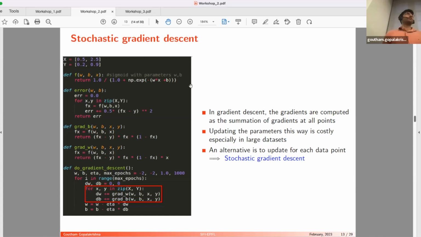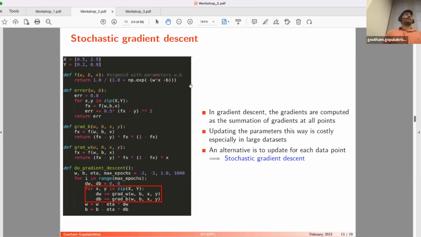So a better way is to compute these gradients for each observation. You see one observation, you update the gradient. You see the next observation, you update the gradient, and so on. So the moment you see 1 million observations, you've already made 1 million updates.